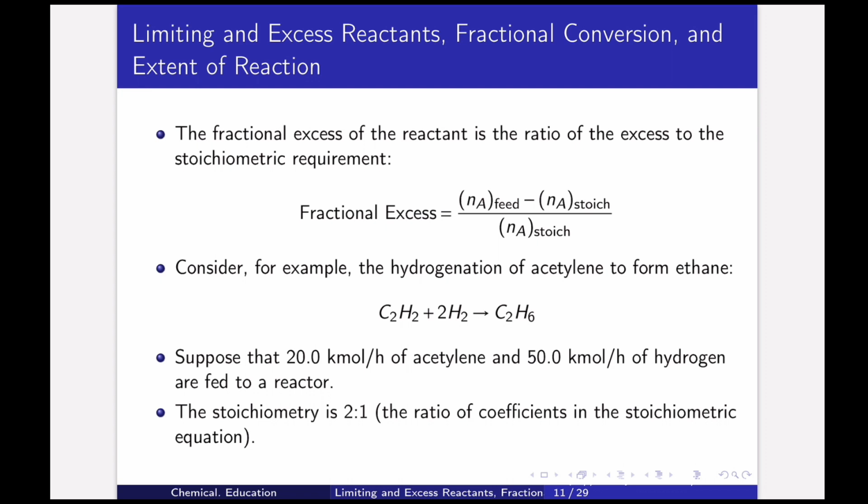Now here I am taking one example to understand all these things. Consider the hydrogenation of acetylene to form ethane. Acetylene plus hydrogen forms ethane. Suppose 20 kilomole per hour of acetylene and 50 kilomole per hour of hydrogen are fed to a reactor.